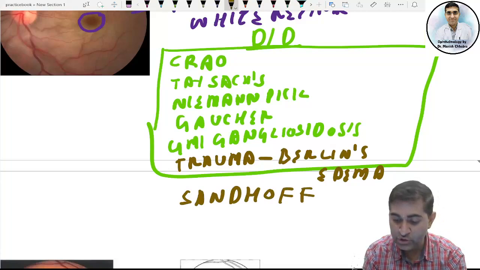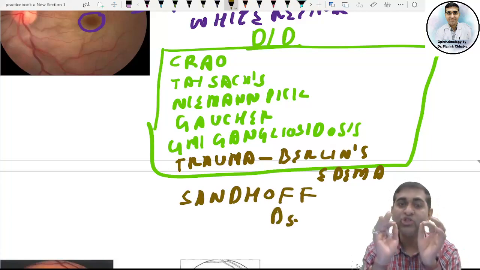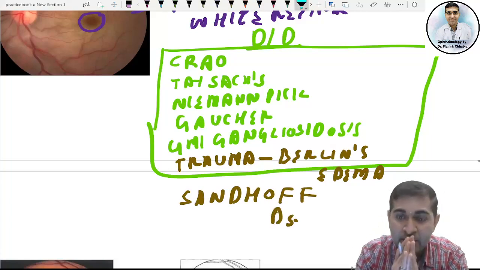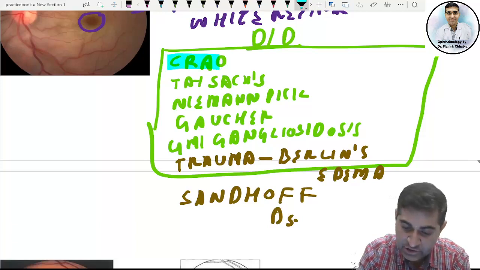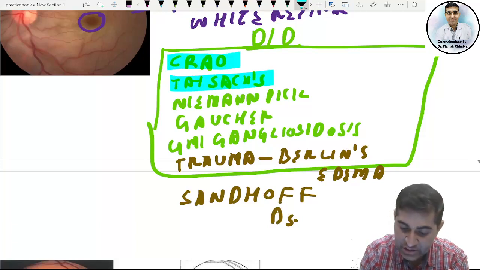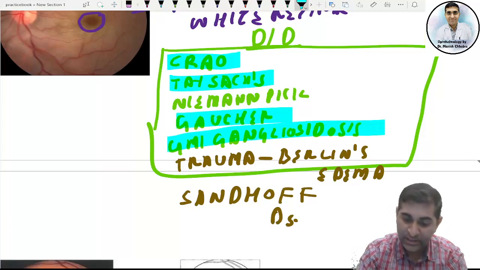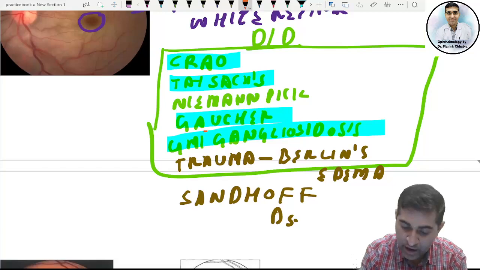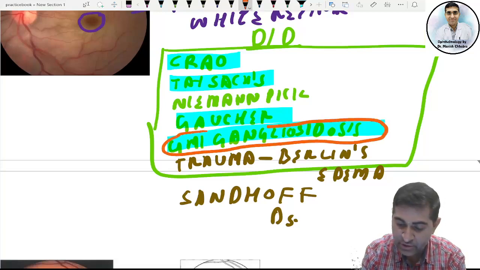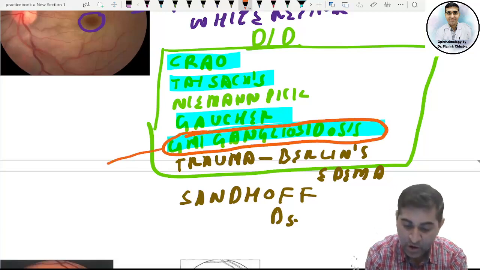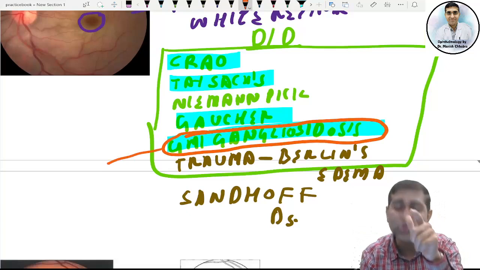Now there was a question, in which of the following is cherry red spot not seen? And the options were CRAO, Tay-Sachs disease, GM1 gangliosidosis, Gaucher disease. Now in this case, you are going to mark GM1 gangliosidosis. Yes, because here there is not a true cherry red spot.